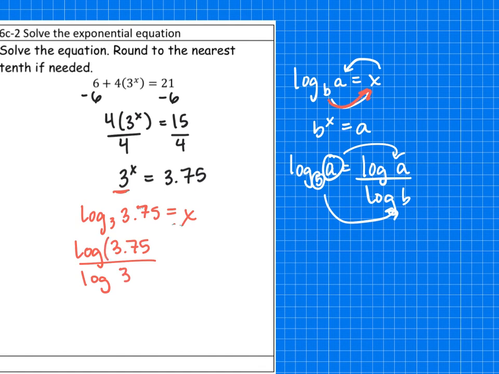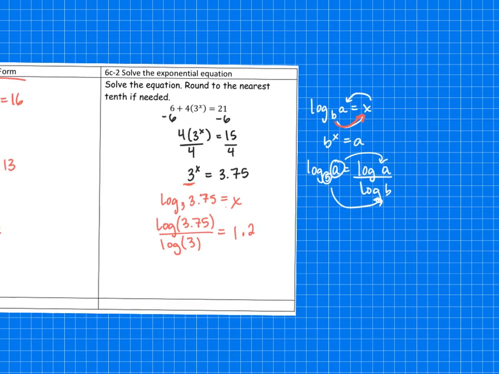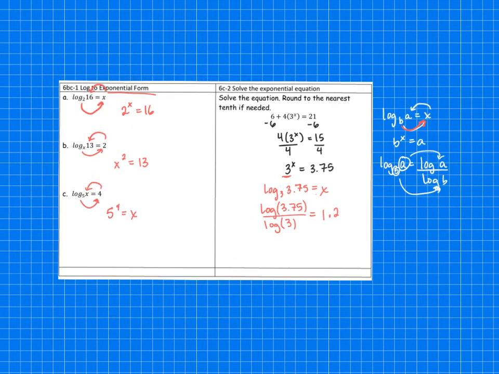Parentheses will automatically pop up here. Make sure you close them before you put in log of 3. That one gives you 1.2 and change. So that is that part. And make sure you have that stuff in your notes if you don't remember it.